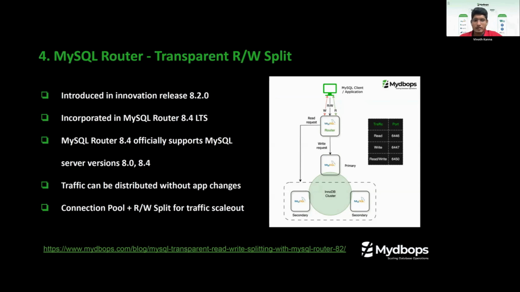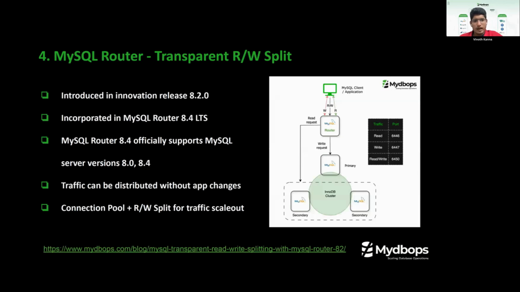In these events, the application has to be aware of where to point the reads and where to point the writes. This is where the router comes in and helps us. The application doesn't need to worry about who is primary or who is secondary. The router will identify and cache it in its metadata and monitors regularly to stay up to date with its view.